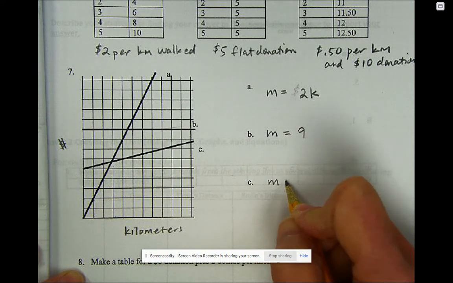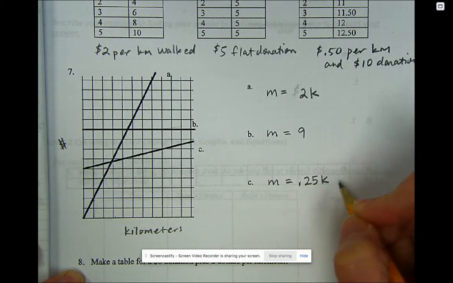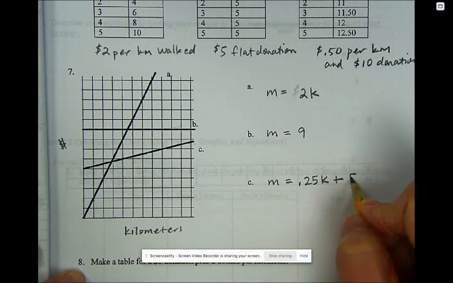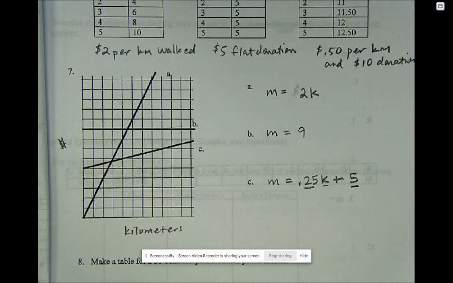I think M is equal to 25 cents per kilometer, plus a $5 donation. So we're saying that the number that's multiplied by kilometers is the amount you get per kilometer, the unit rate, and any number added on is the amount of a donation.